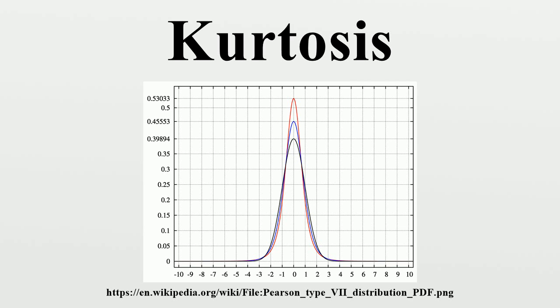Terminology and examples. A high kurtosis distribution has a sharper peak and fatter tails, while a low kurtosis distribution has a more rounded peak and thinner tails. Distributions with zero excess kurtosis are called mesokurtic, or mesokurtotic. The most prominent example of a mesokurtic distribution is the normal distribution family, regardless of the values of its parameters.